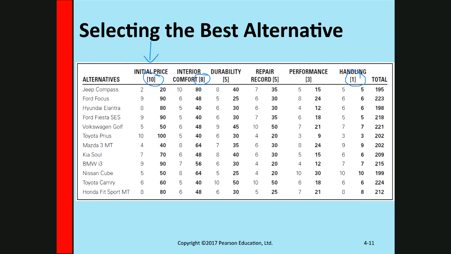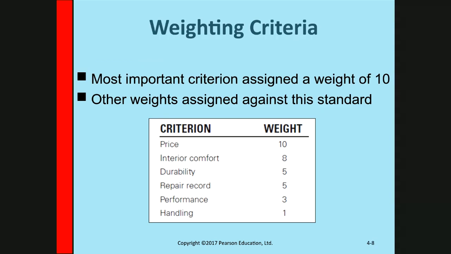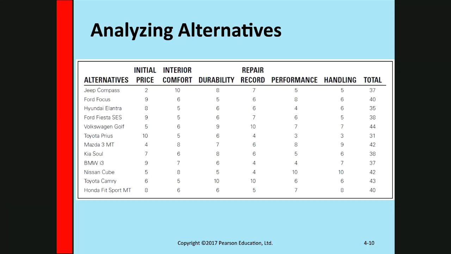If it sounds a bit confusing, don't worry. Just stop me if you need me to repeat again. Weighting criteria 10, 8, 5. This slide, analyzing alternatives, is just based on the buyer's analysis of how he views the Jeep Compass. That means to him, the price is at 2.